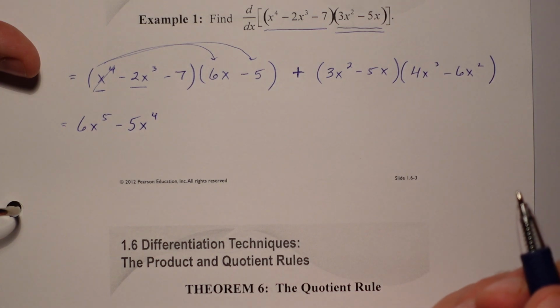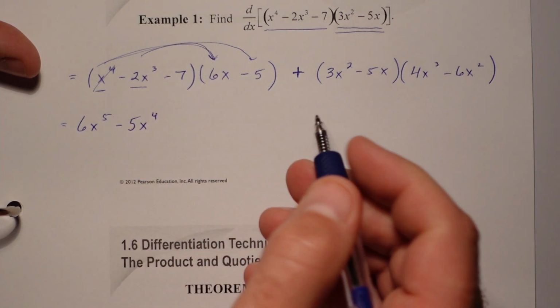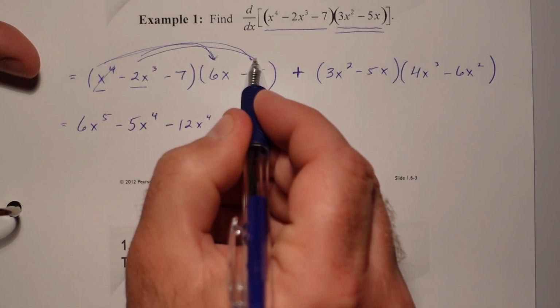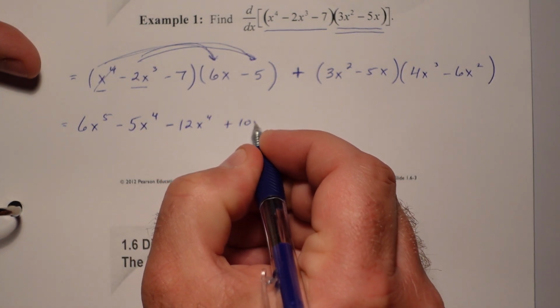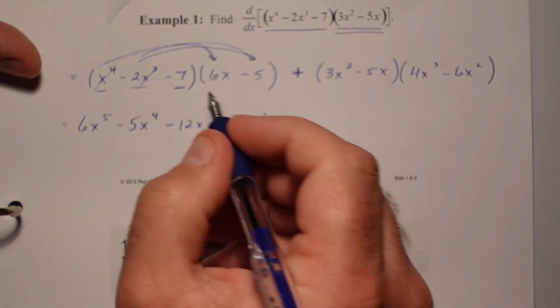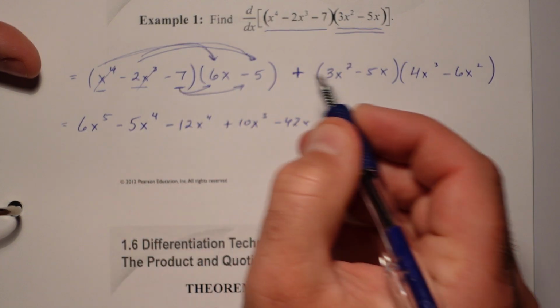Next, I'm going to distribute a negative 2x cubed times 6x, so that's a negative 12x to the fourth. And then I'm going to distribute all the way down to the end, so that's a positive 10x cubed. And then finally I need to distribute the negative 7. So that's a minus 42x and a plus 35.